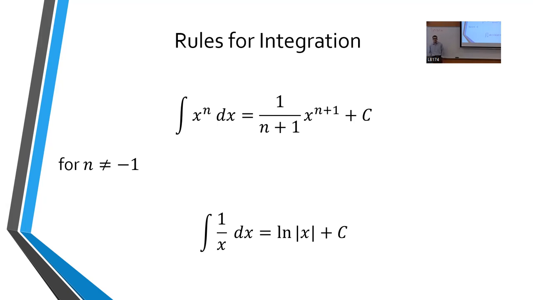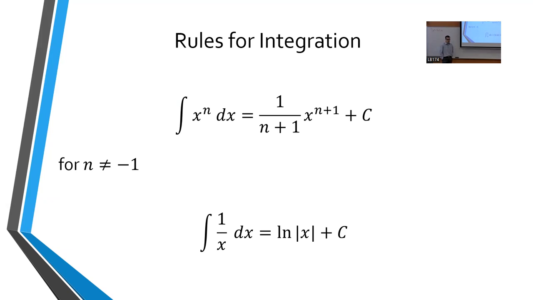One of the big rules for integration that, again, we just used was that when we have x to a power, like x to the fourth, or 4 times x to the first power, or 3 times x to the first power, the way to integrate that is to add 1 to the exponent.